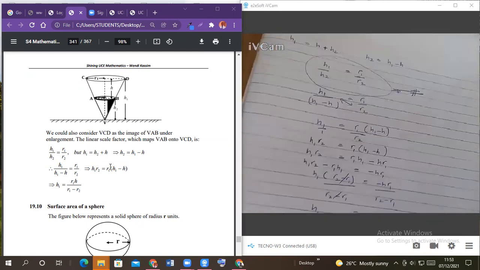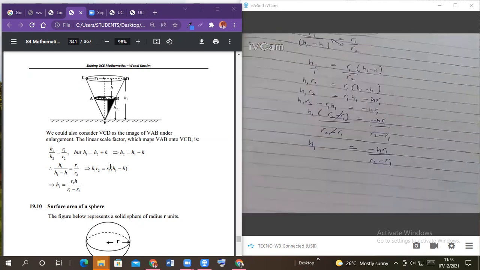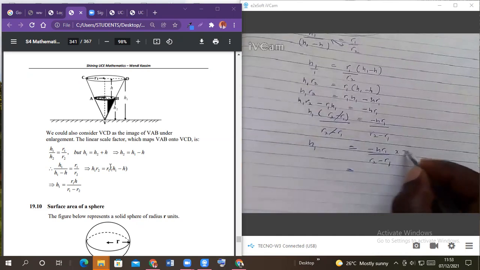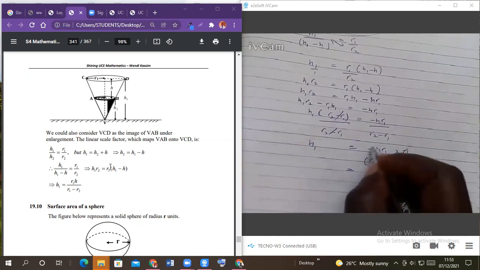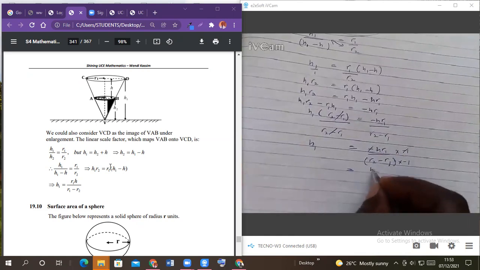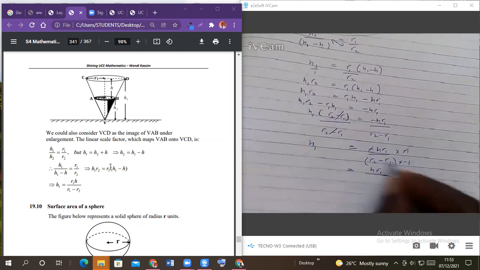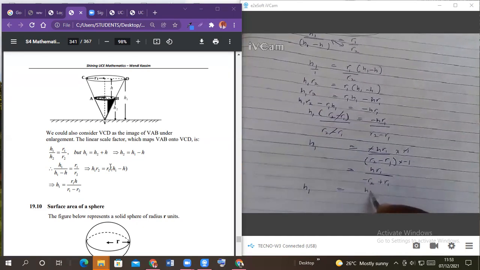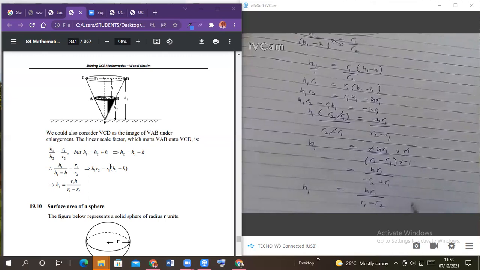Okay, I want to finish this so that you can go for history. So let us multiply by negative 1 on both sides. Multiplying the numerator by negative 1, the negative cancels, and we remain with hR1. If we multiply the denominator by negative, we get negative R2, and the negative times negative R1 gives a positive R1. So it means that h1 shall be hR1 over R1 minus R2.